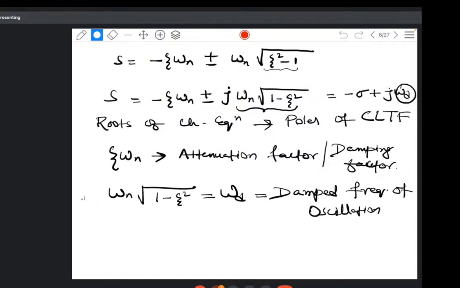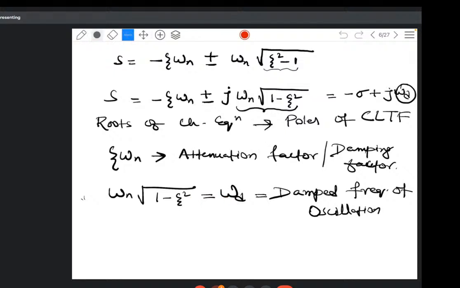Remember guys, damping ratio is different, that is zeta, which is the ratio of actual damping divided by critical damping, but attenuating factor is damping factor. How much the oscillation is getting damped out, that will be represented by zeta omega n, and this term is called the damped frequency of oscillation, omega n under root 1 minus zeta square, omega d.